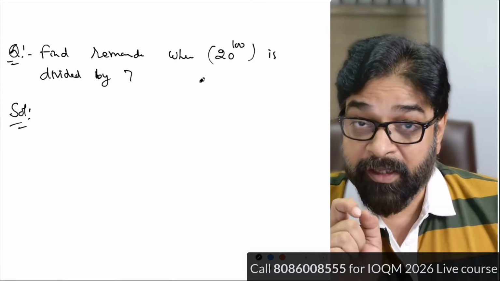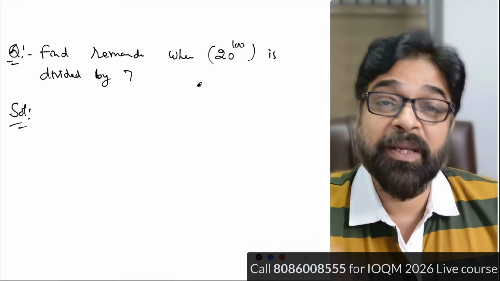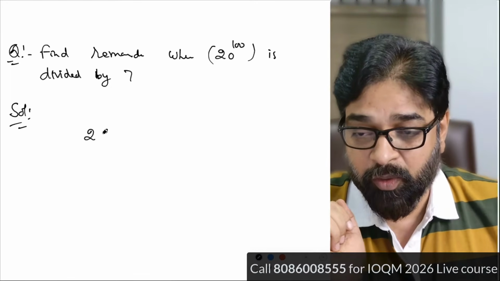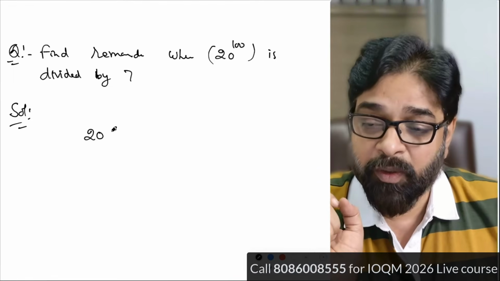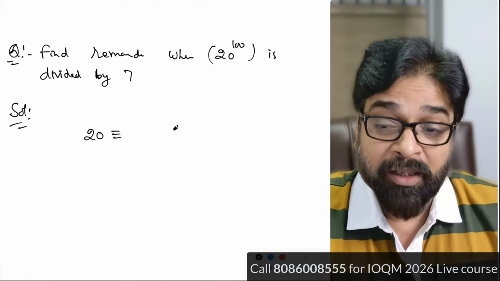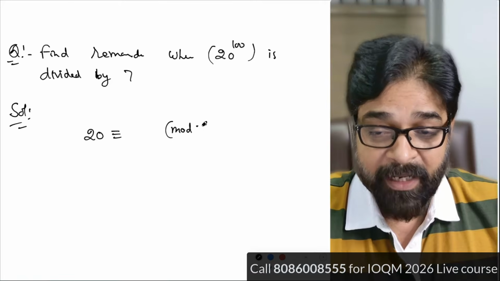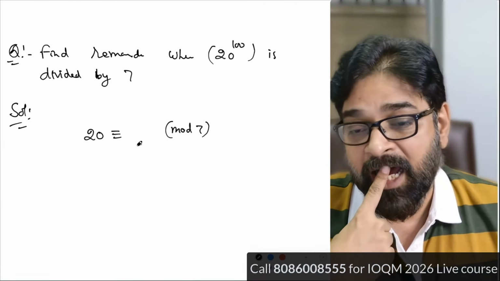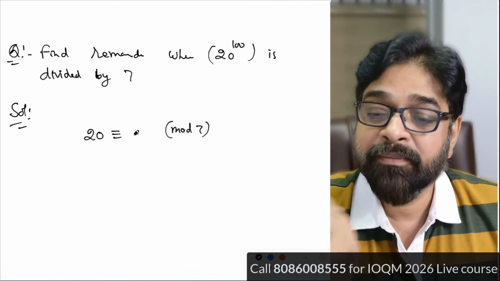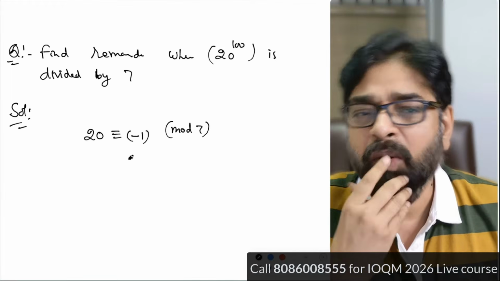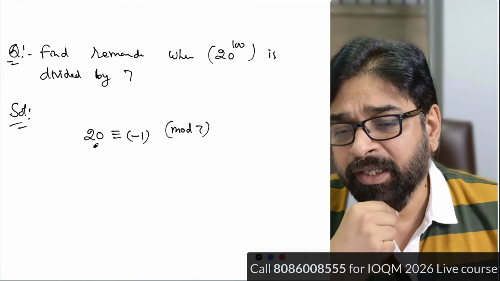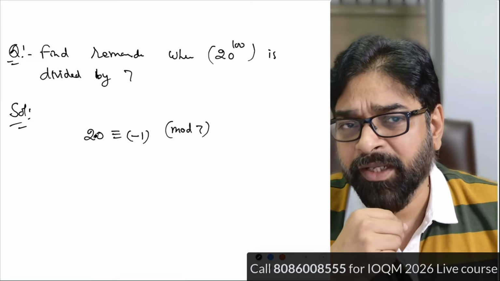20 power 100. First, we'll try to develop simply a relation. 20 is congruent to what modulo 7? That easily you can tell. Sir, it's -1. How? Because from this 20, I can subtract 7 into 3.